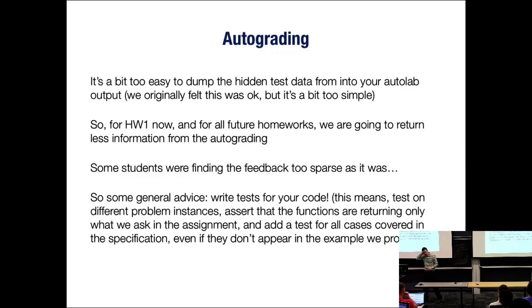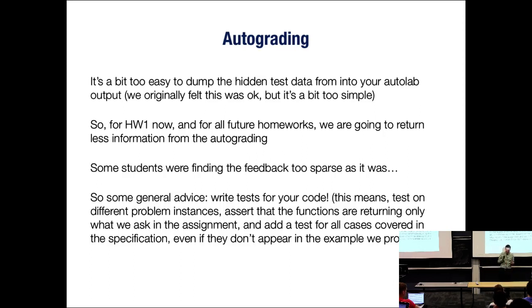But I think the end result is that we're probably just going to limit the amount of feedback you get from the autograder. We're not going to dump the exact traces anymore. You can't print arbitrary code anymore, which I know is going to be a pain, because some people were already finding the output too sparse. They were already having trouble debugging it so far. It's only going to make it harder.